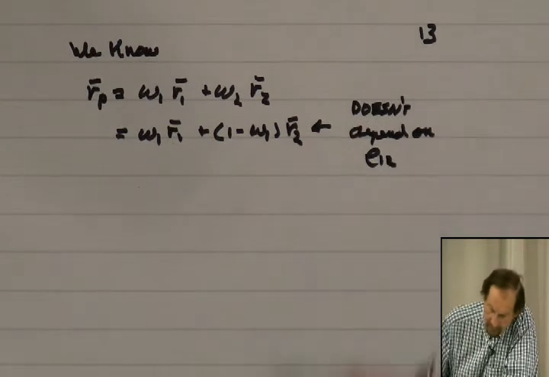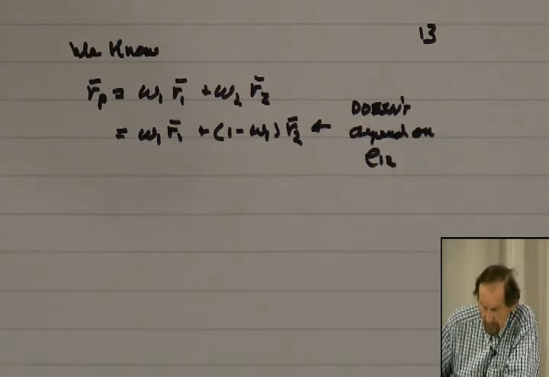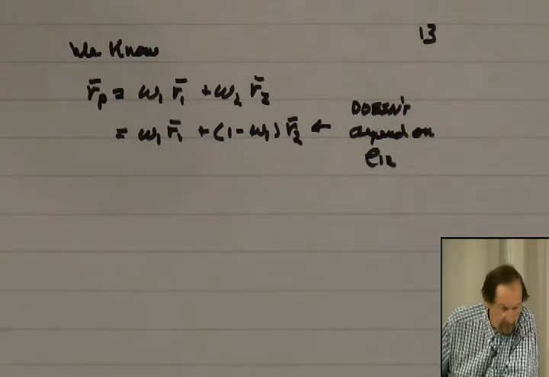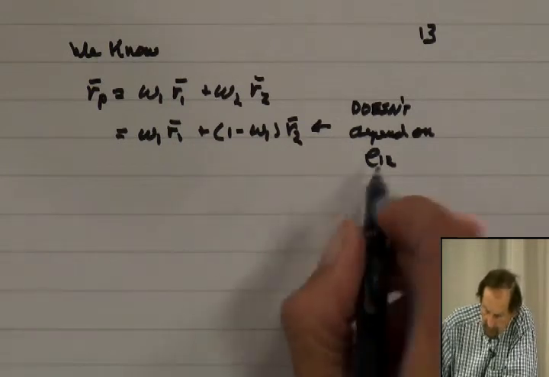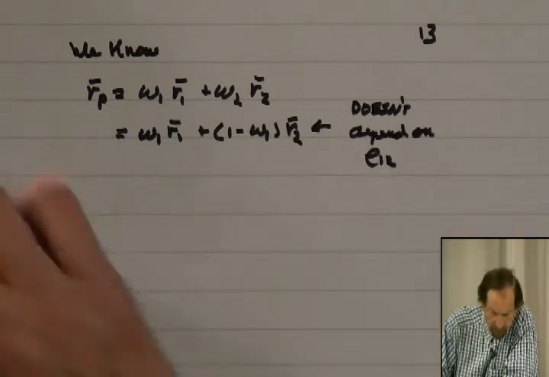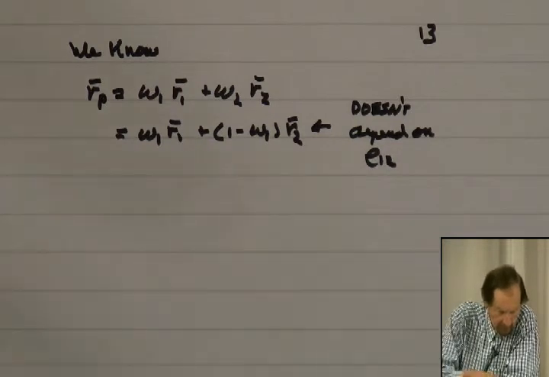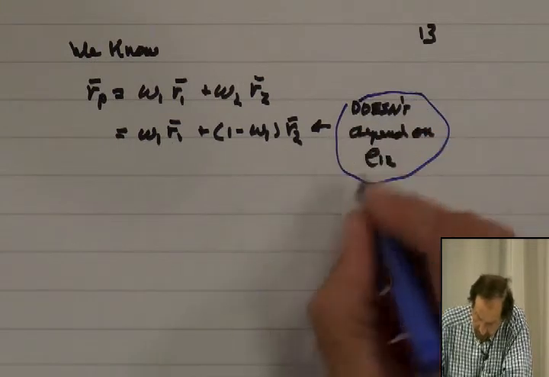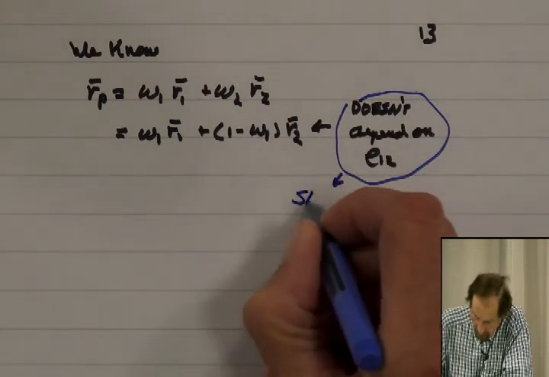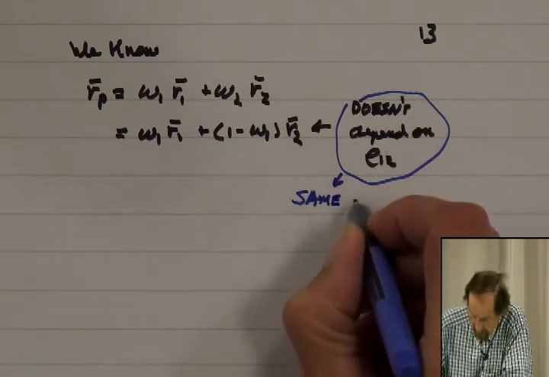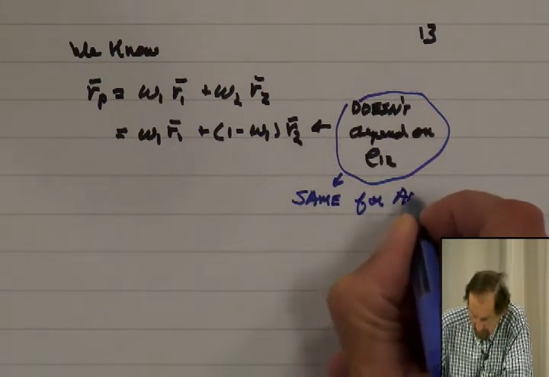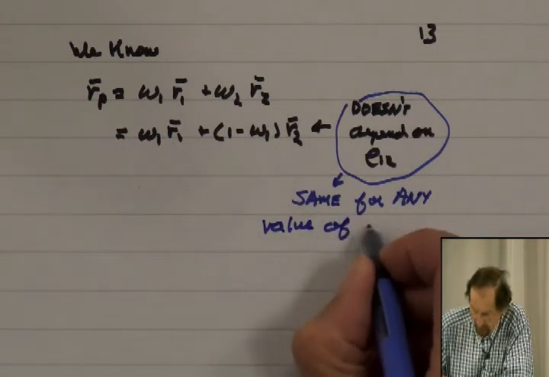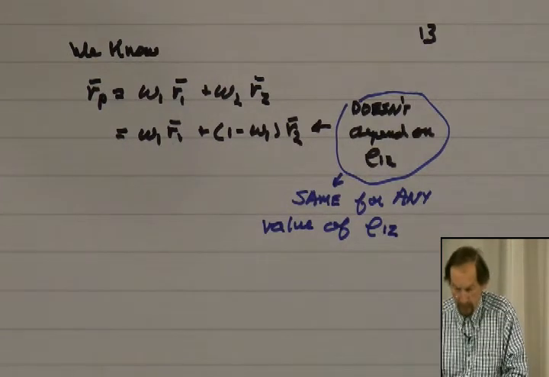It doesn't depend on the relationship between 1 and 2, because all you have are the weights for 1 and the expected values. So it's going to be the same for any value of rho 1 2. Okay, so we only have to calculate that guy once.